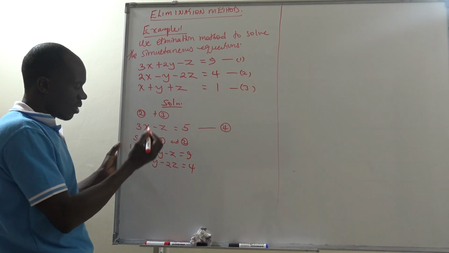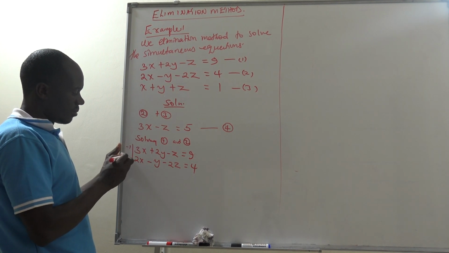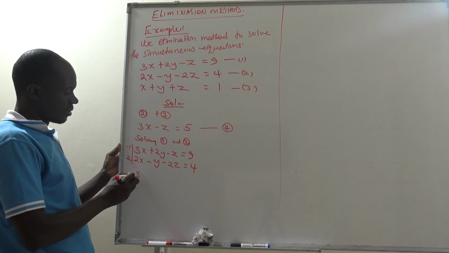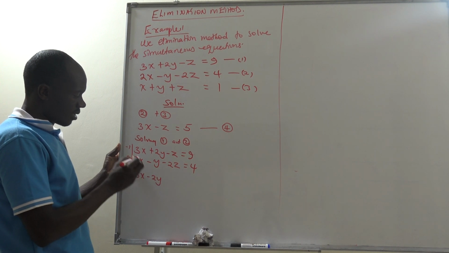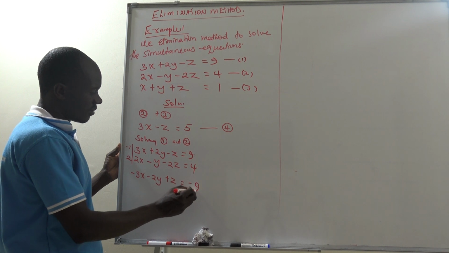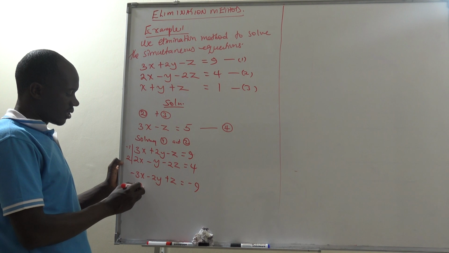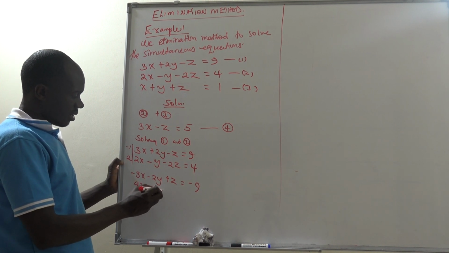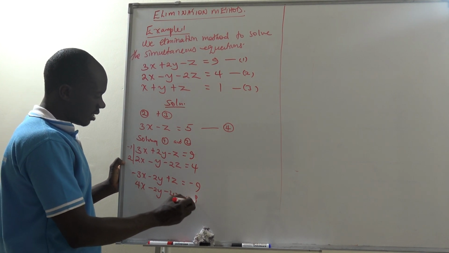Can I eliminate y? Up I put a negative 1, then down I put a 2. Negative 1 times this, I get negative 3x, minus 2y, plus z equals negative 9. 2 times this I get 4x, then minus 2y, then minus 4z equals 8.